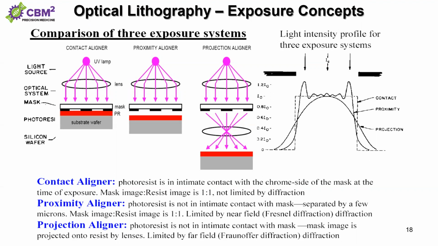For the projection aligner, the good thing is that the size of the pattern you can produce in your photoresist layer is not a one-to-one match. Depending on the optics you use, you can make it smaller. But the equipment cost to enable projection photolithography is extremely expensive compared to the other two. So in most micro fabs, they don't have this one.